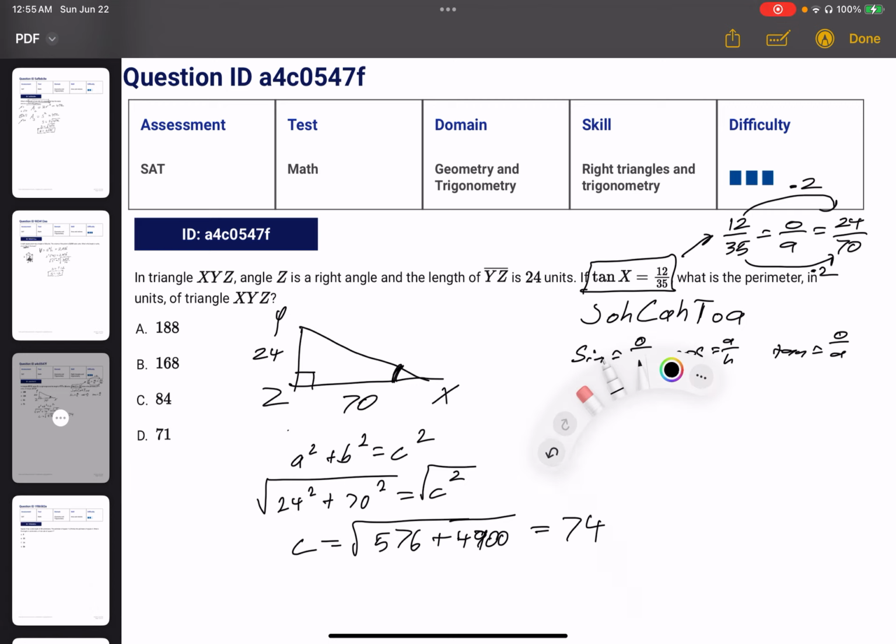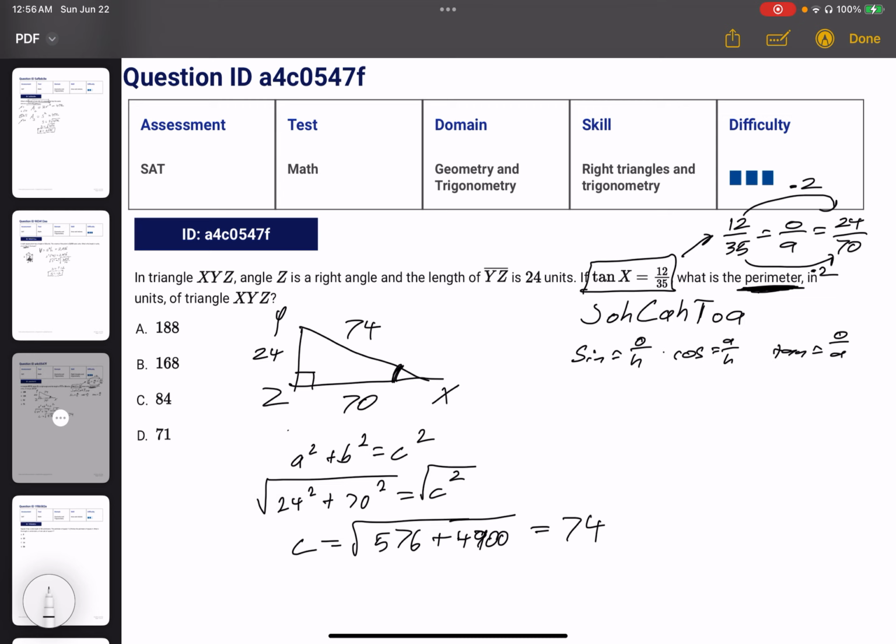I don't know what I did there. Oh, wait, it's right. So 74 is this side, and now we add each of the side lengths to get our total perimeter. So I got lost there for a second. I said, oh, 74, that's our answer.